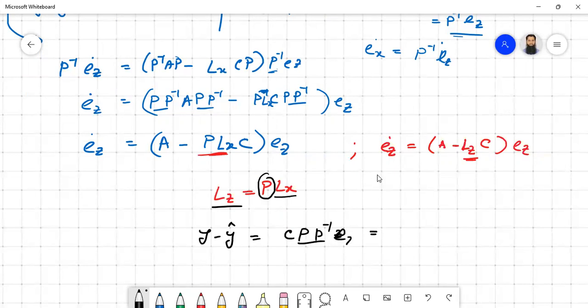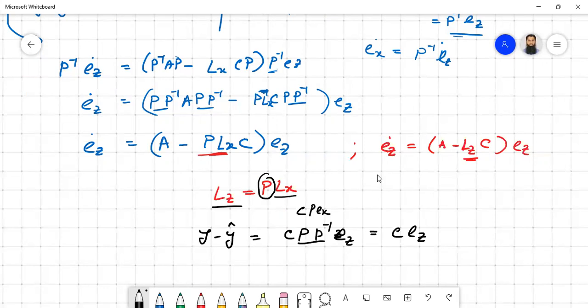In the original equation it was CPEX, so EX is replaced by P inverse EZ. So ultimately it will give us C EZ. Okay, so this is how we have to go back to the original system.